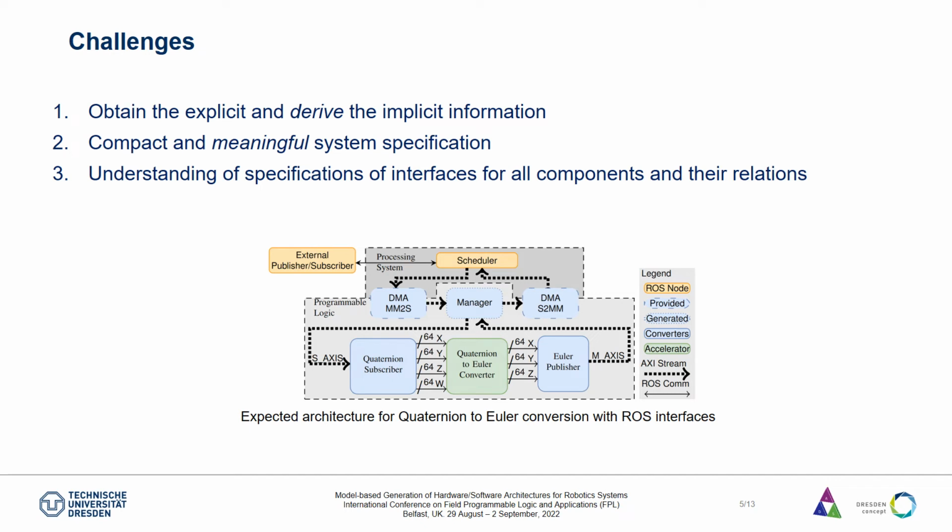Three main challenges arise: how to obtain the explicit and derive the implicit information from a compact and meaningful system specification, and understand the specifications of interfaces for all components and their relations.